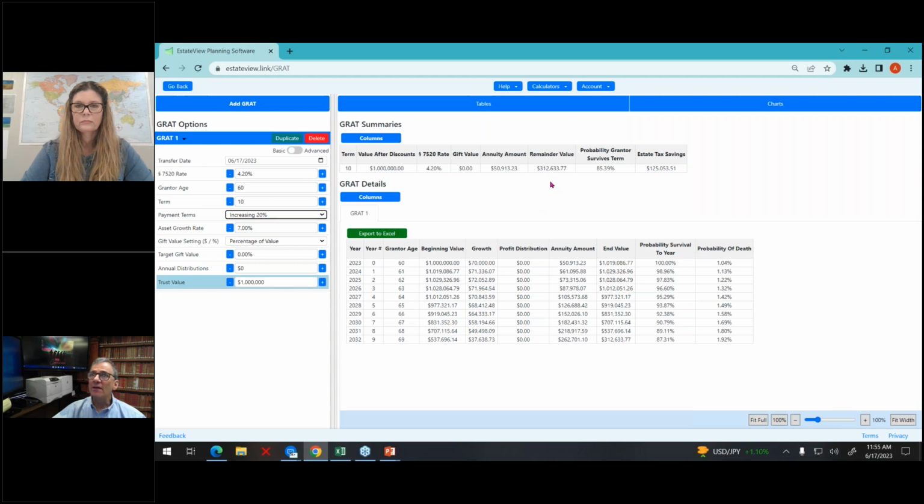$312,000. Now the GRAT is disregarded for income tax purposes, so I'm going to pay the income tax on behalf of the GRAT. Its assets are going to grow income tax free because I will pay those taxes. And then let's say the IRS comes in and says, hey, you did this GRAT. You said that that property you put in the GRAT was only worth $1 million.